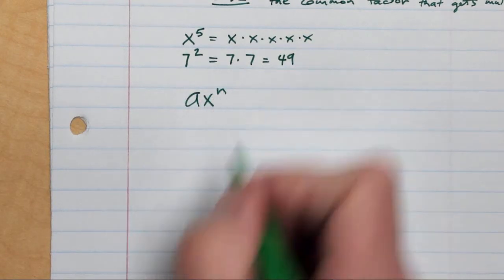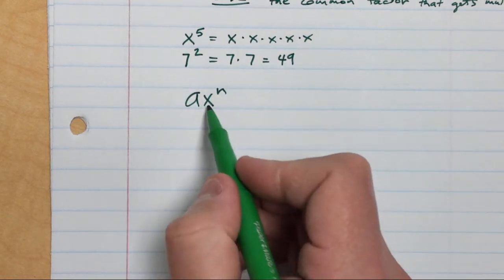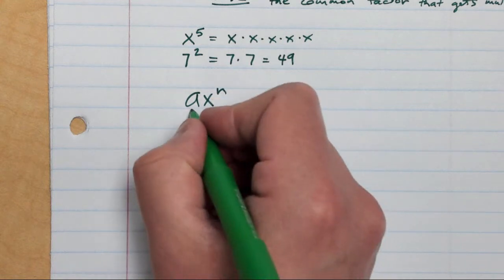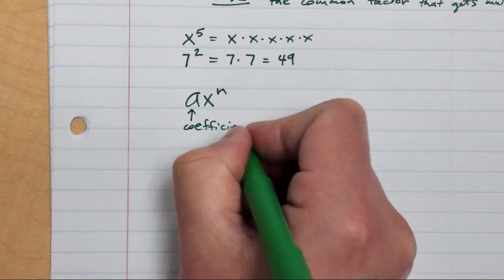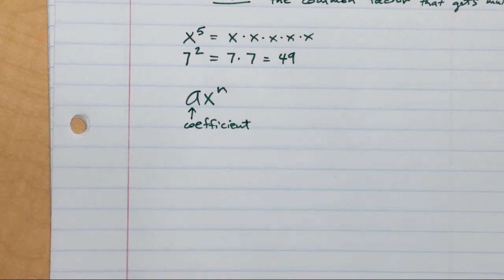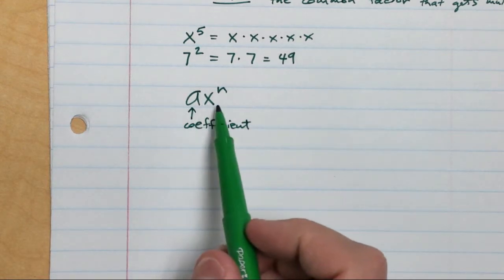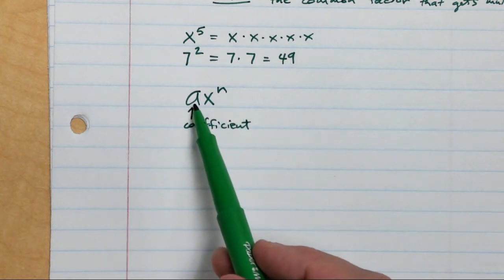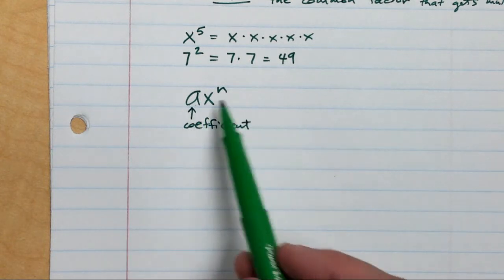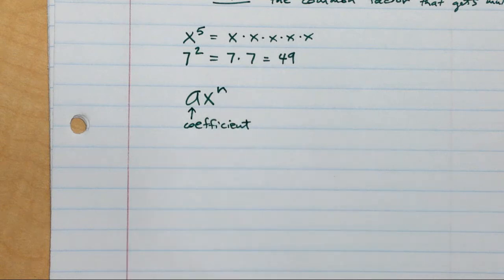I'm going to throw in another part to this lesson. So we have a is the coefficient, and the coefficient is just going to be a number that's multiplying into the base and the exponent. So a coefficient is going to be just any number, and I'll give an example in a moment. Then x is the base, and n is the exponent.